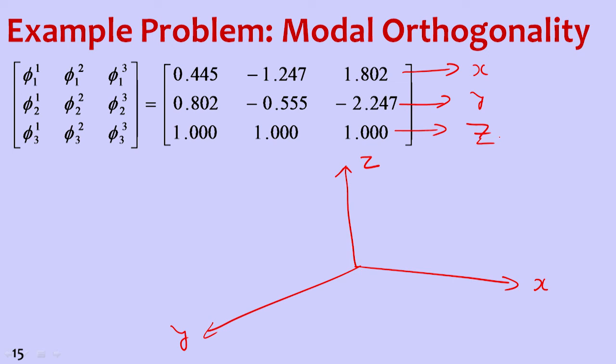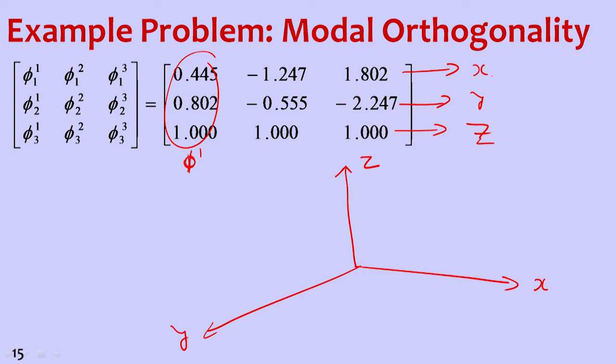Now let me plot a single point. Each vector will give me one single point. Let's say phi 1. First I will plot phi 1 in space, and then I will connect it from the origin. Origin is nothing but 0, 0, 0.